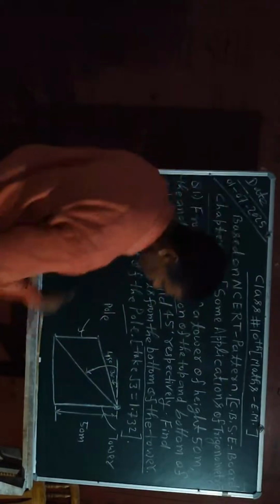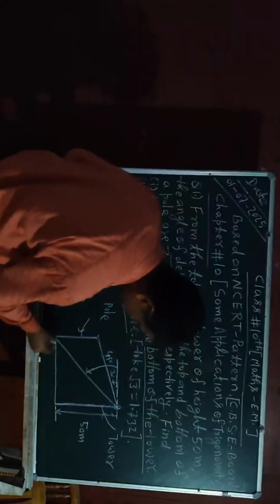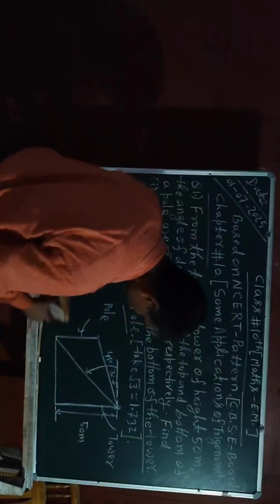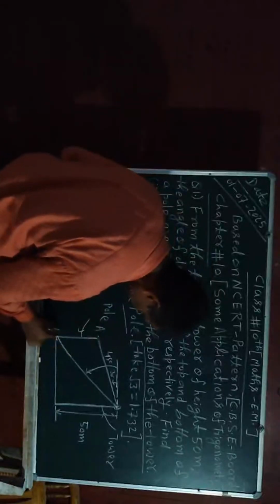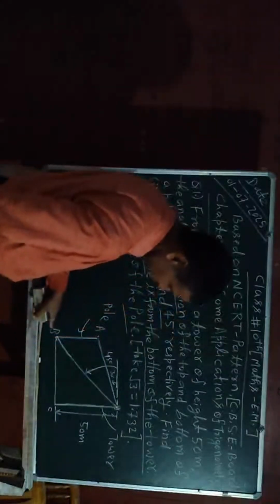Okay. Now here I am going to do the nomenclature, because if I give proper nomenclature, I can explain clearly. Now I am going to say this is A, this is B, this is C. I am going to draw a line which is parallel to BC from this point.